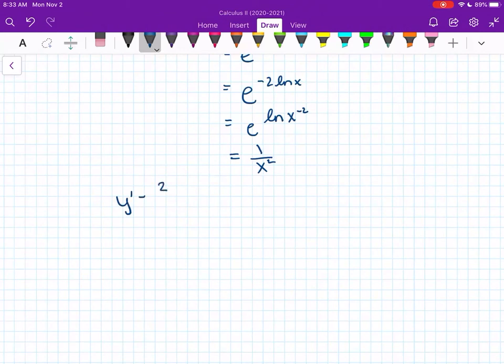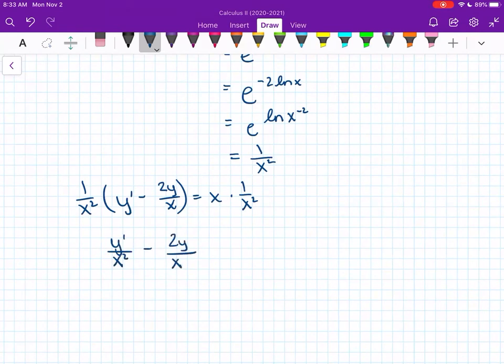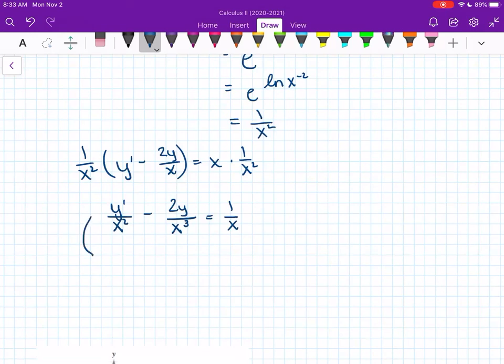So the standard form we had was y prime minus 2y over x equals x. And I multiply both sides by 1 over x squared. So now I get y prime over x squared minus 2y over x cubed equals 1 over x after I simplify. And so if I look at this once again, I can see that I have a product rule. So if I go through and I decompose that product rule, I can see that I have y times x to the negative 2.